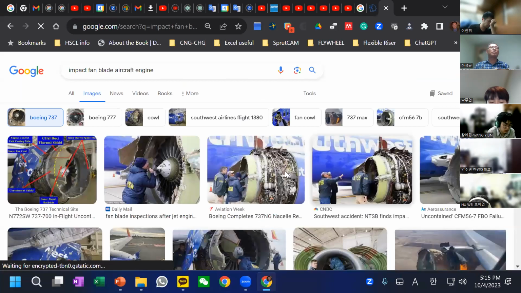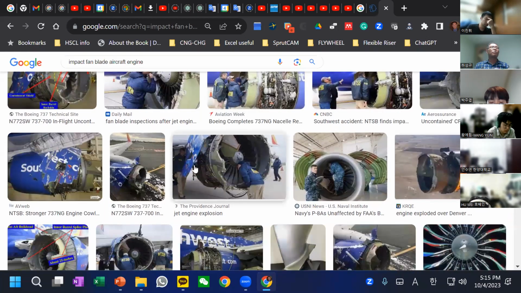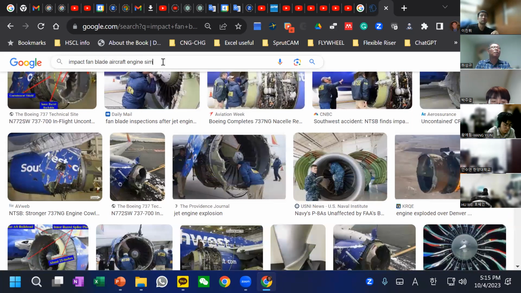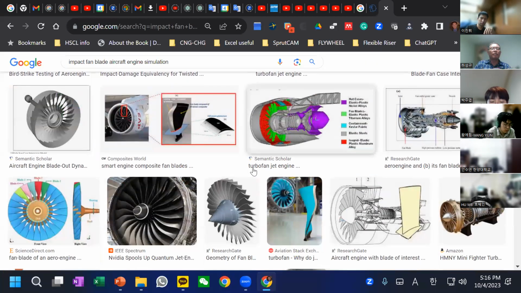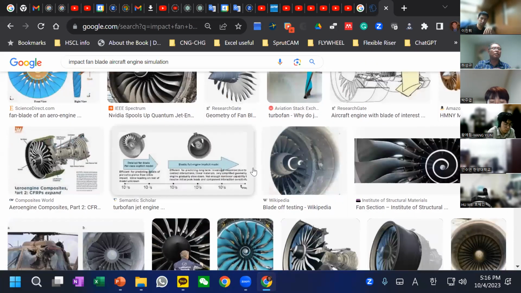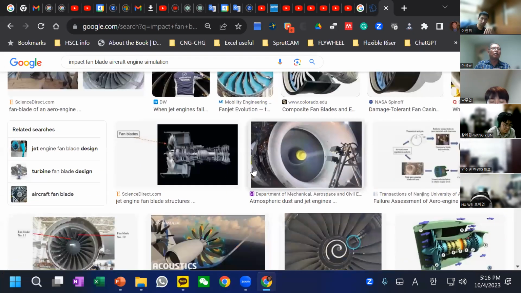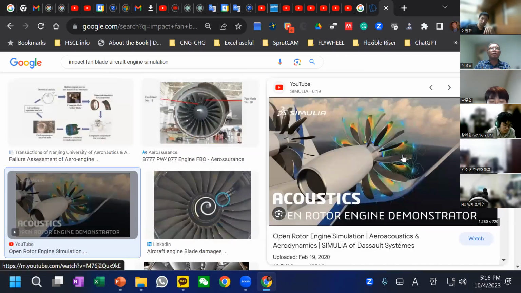And Boeing 737, let's try to, I hope we have some simulation. But with simulation, we're not trying to just simulate, but to better understand all the behavior.